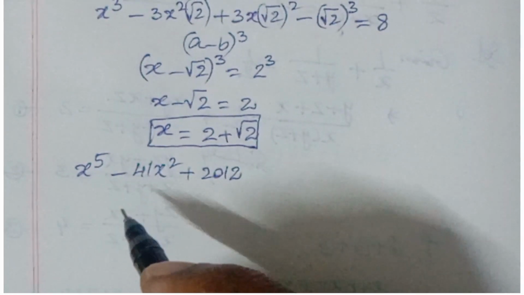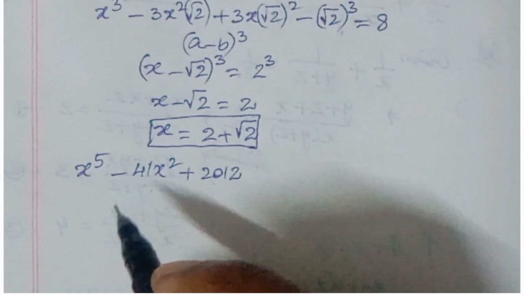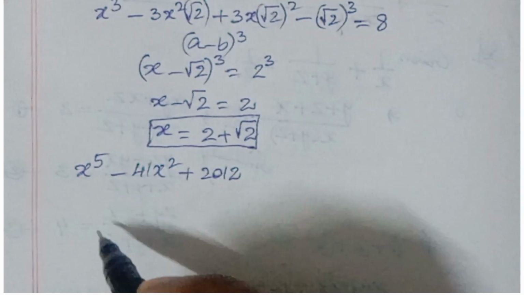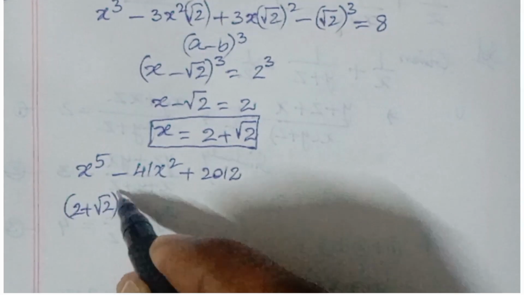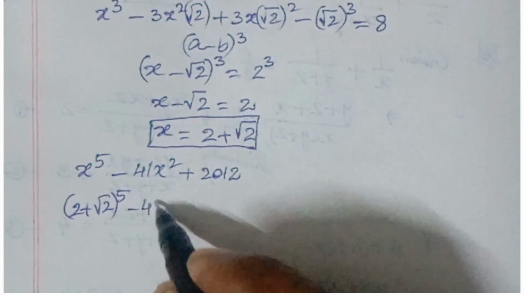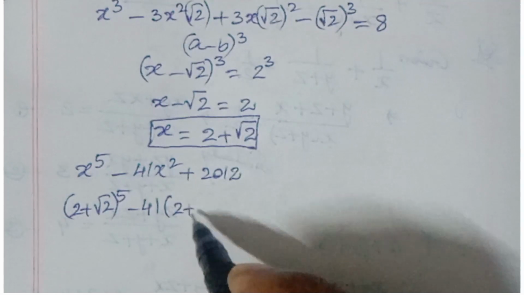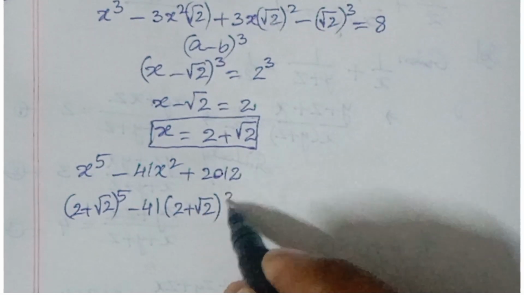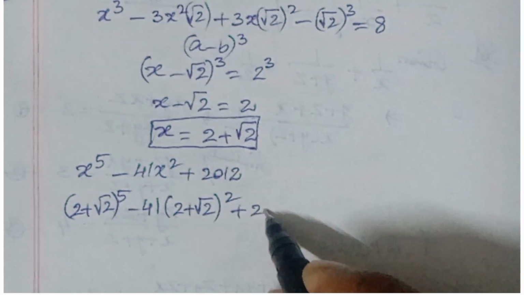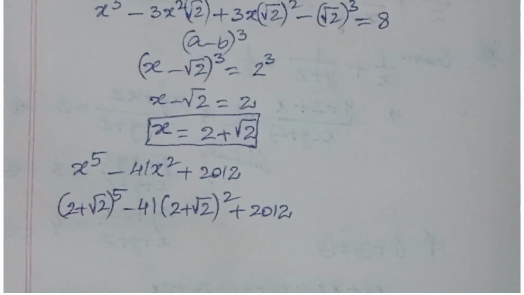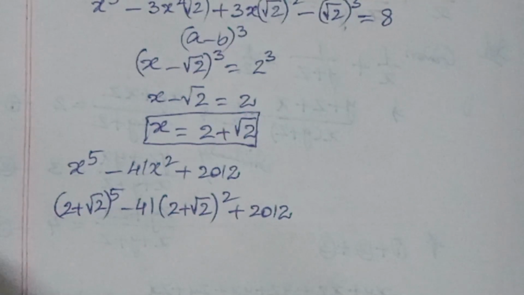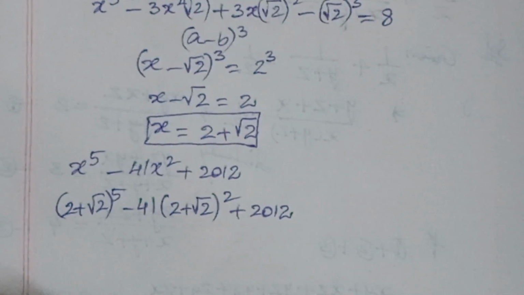So we get 2 plus root 2 whole to the power of 5 minus 41 into 2 plus root 2 whole square plus 2012. We'll see the value now.